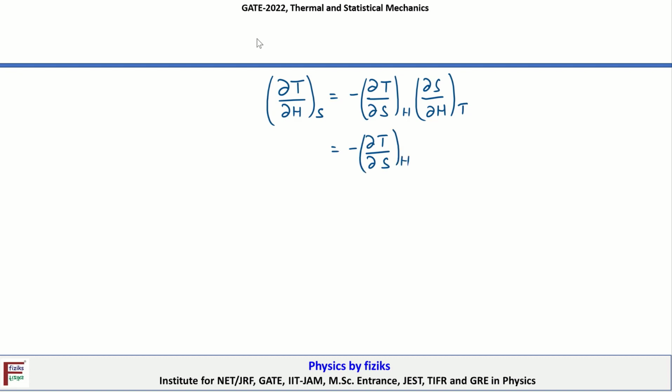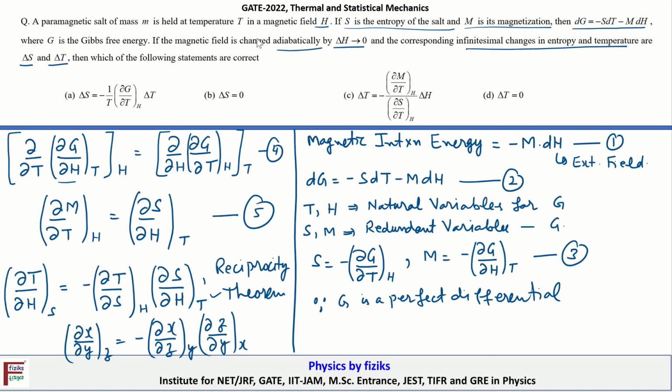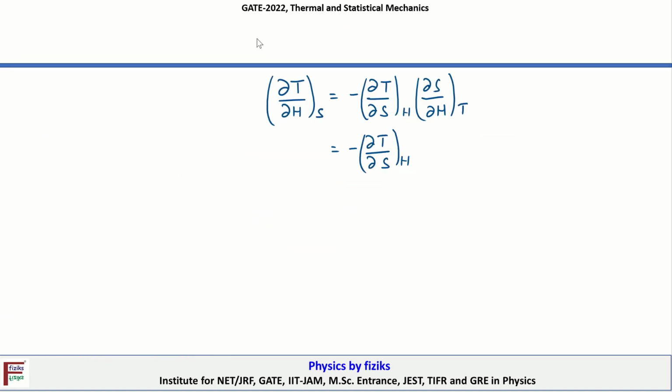This can be further rewritten as minus (∂T/∂S) at fixed H, and then (∂S/∂H). Now (∂S/∂H) we have already proved by equation 5; this is equal to (∂M/∂T) at H. So I'm replacing it with (∂M/∂T) at a fixed value of H. Here we made use of equation 5.